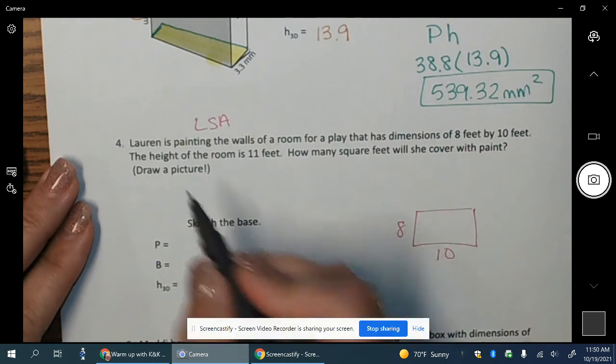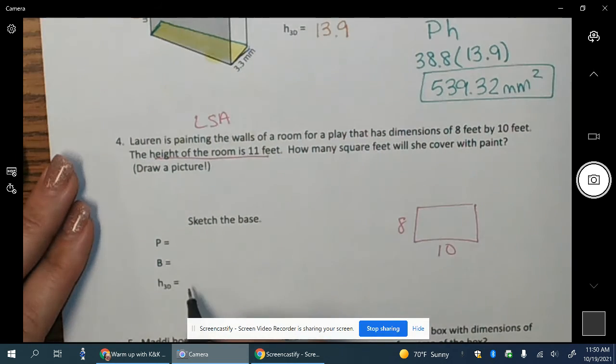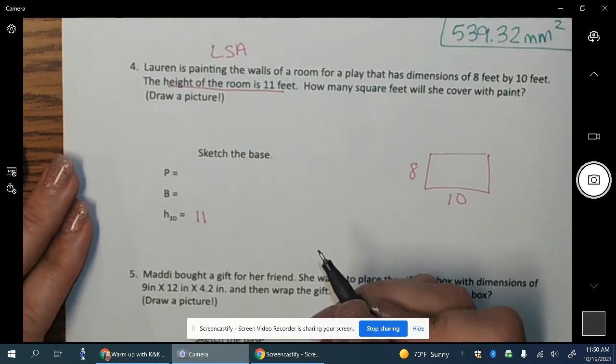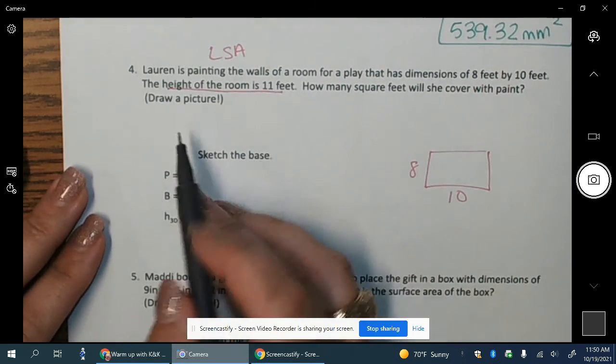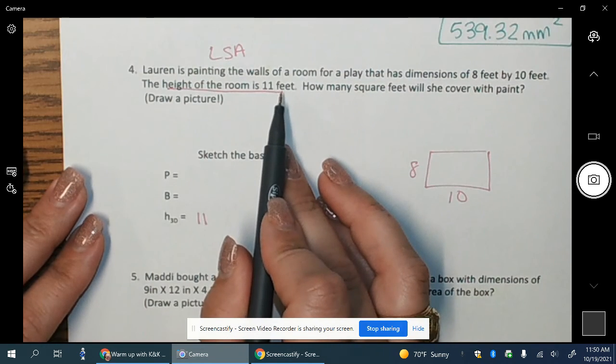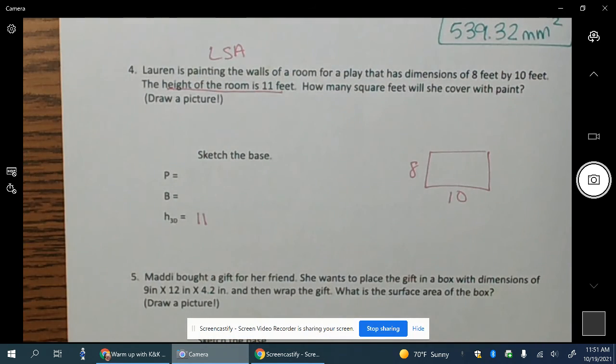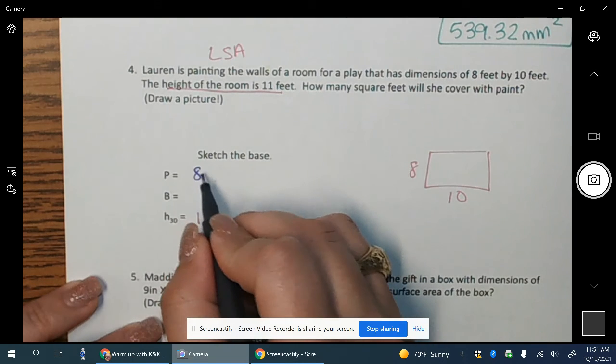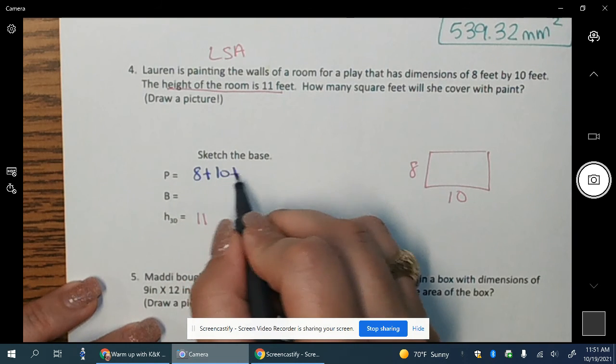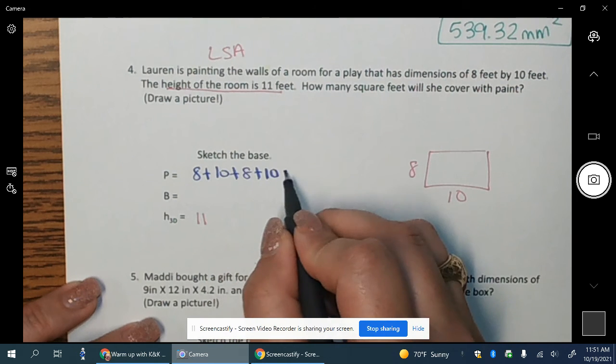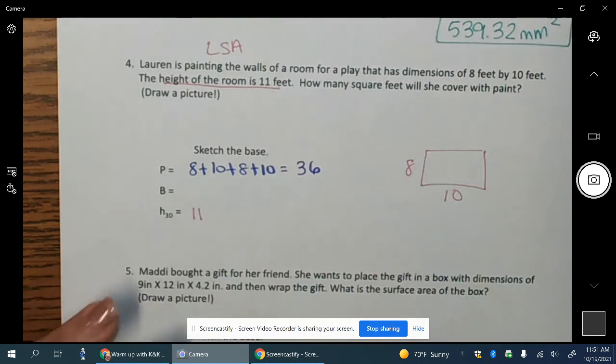And I know the height is 11. It says the height is 11. So the perimeter would be what? 36. And how'd you get 36? 10 plus 10 plus 8 plus 8. Yes, 8 plus 10 plus 8 plus 10, which is 36. Now, do I need big B for this? No. Why not?